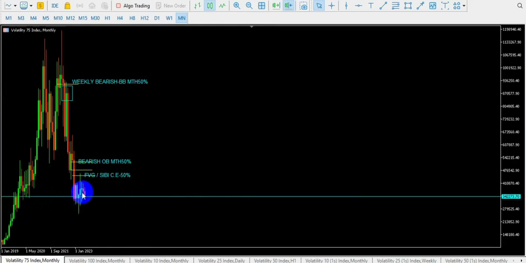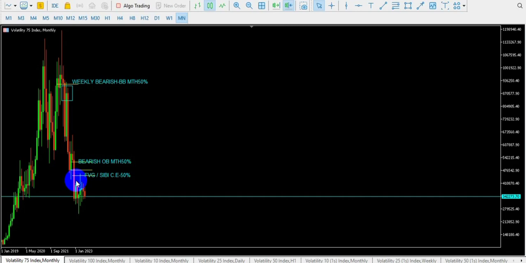So now price has taken out this fair value gap here. That's the reason why I said, remember when I posted something in the group, I just posted a theory there in the class section.